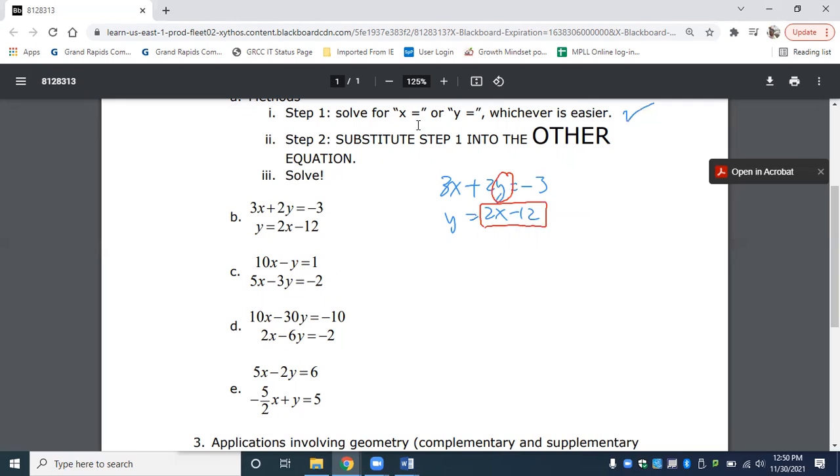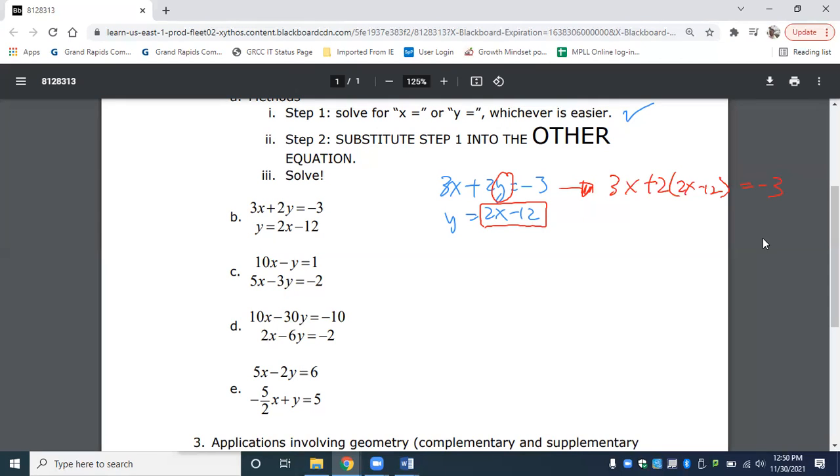This means the first equation now is 3x plus 2 times the parentheses 2x minus 12 equals -3. Sorry, a little hard to read, but hopefully this will be okay. Now notice the whole equation now only has one variable, which makes it really easy to solve.